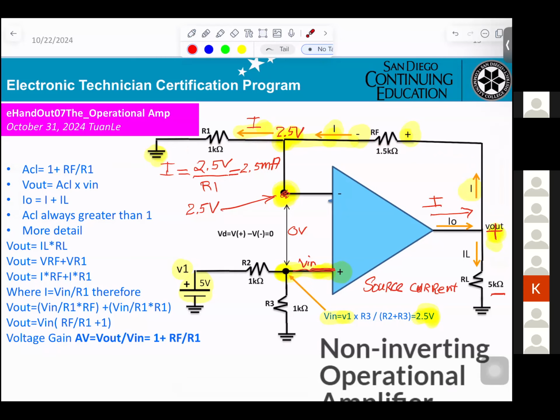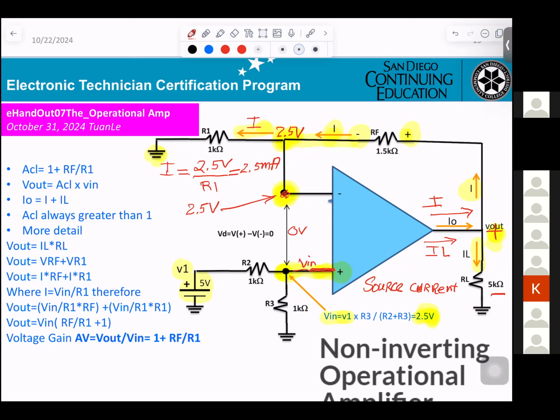Now, IL: you see, this is the positive and this is the negative, so the current IL has to be going down here. So are you saying, Mr. Pham, some of the I goes up and some of the I goes down? Right. Okay, thank you.